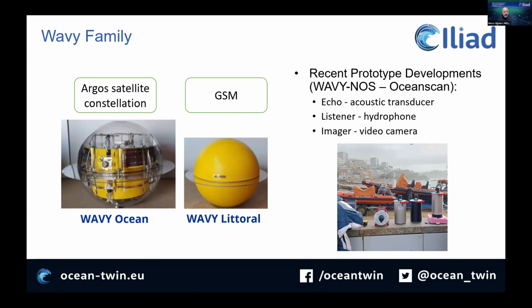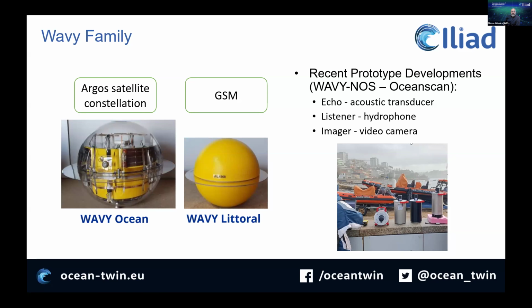Within this family of drifters, we have designed in previous projects, the project below. I will have the link for it throughout the presentation, and also at the end on the last slide, you can see the facts for the project. Within Project NLOA, we started developing two small round drifters.